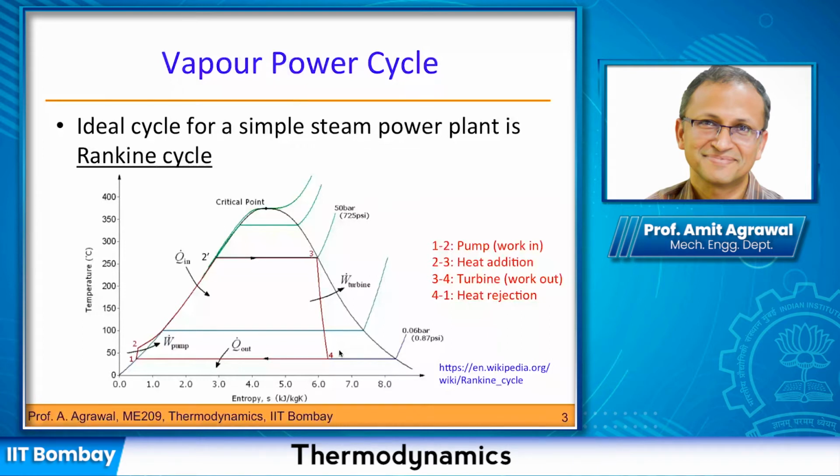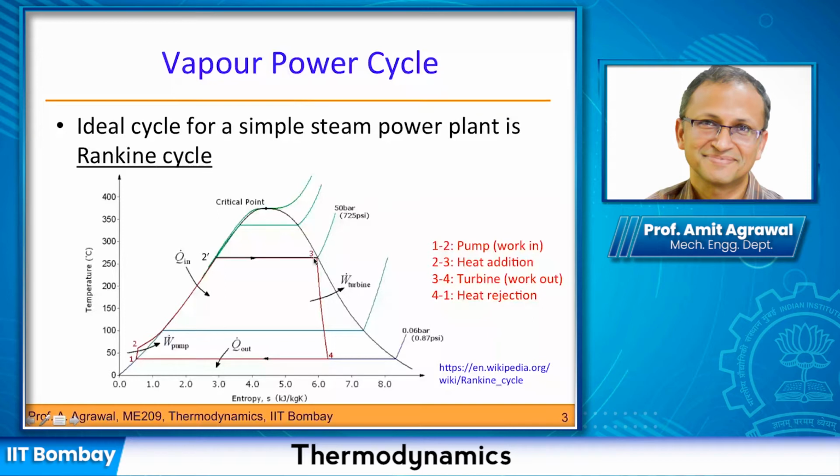And we said that we can trace these points starting from point 1. This is at lower pressure P1. You know the pressure, and you know that this is quality 0. Then knowing S1, you can find out S2, and this is at the higher pressure P2 and entropy equal to S2. And then you go to 3, which is at the pressure level P2, and quality is 1.